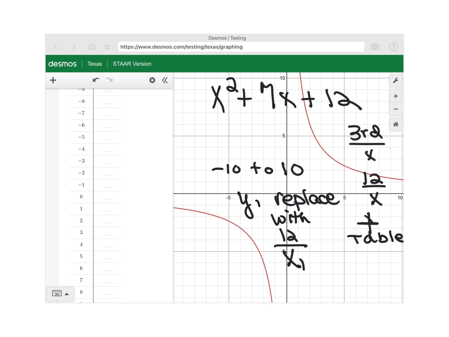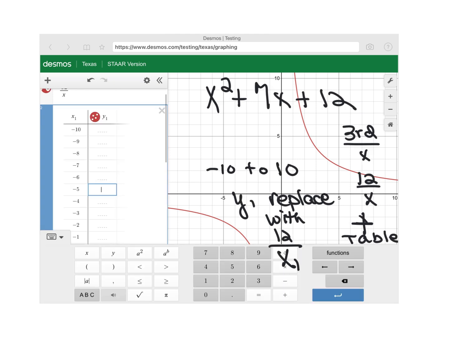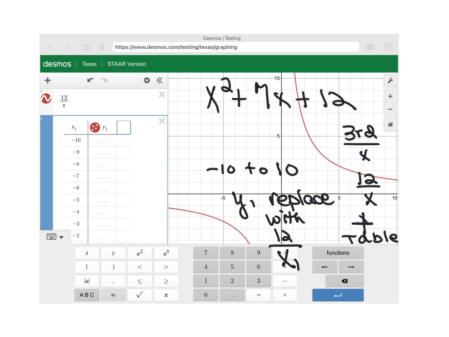So I would go up here to Y1 and highlight it, and I'm going to type in the fraction. I'm going to push the division sign, and I'm going to get on top 12, and on the bottom, I'm going to type X1, and that means that you're simply typing in X1.